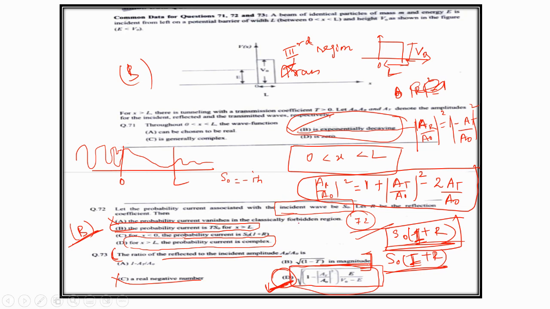Yeah, B. I hope they have applied the same logic, because otherwise there is no way of solving this question by the conventional way. I hope so, Harish, you got the idea of how to solve this question.